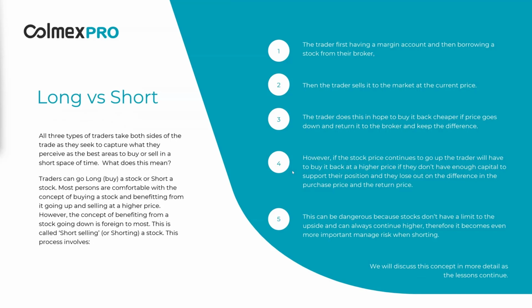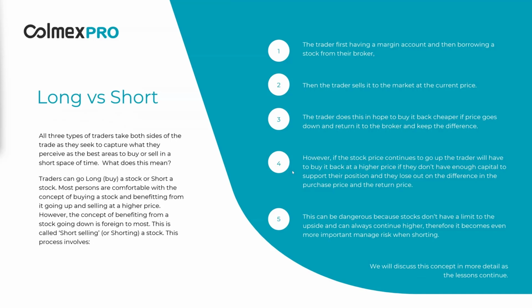Traders can go long, or in other words, buy a stock, or short a stock. Most persons are comfortable with the concept of buying a stock and benefiting from it going up and selling at a higher price. However, the concept of benefiting from a stock going down is foreign to most. This is called short selling or shorting.